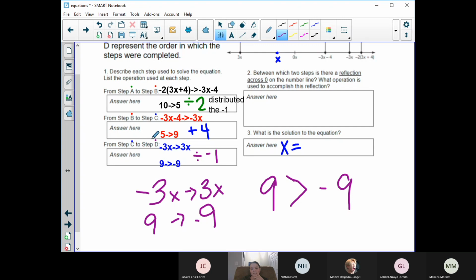So from step C to D, all we did was divide by this -1, because -3x divided by -1 would give me a positive 3x, because a negative divided by a negative is a positive. Okay. Any questions about that so far?